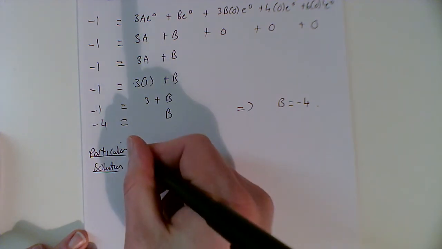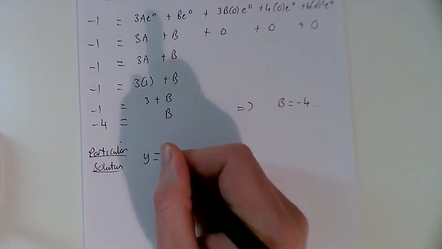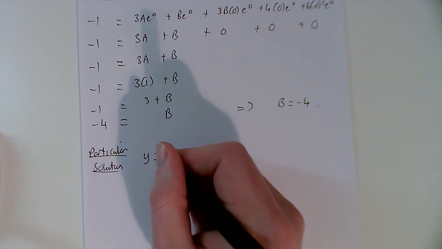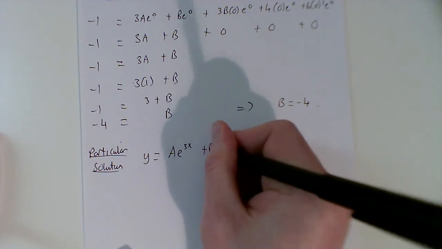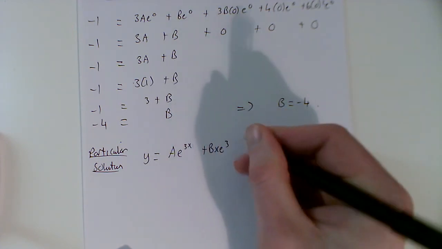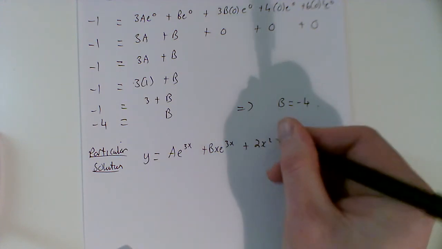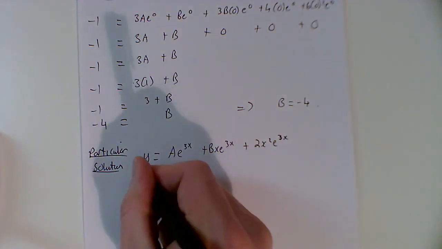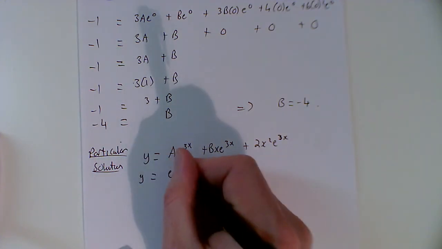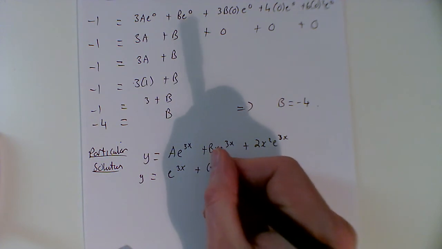Right, so our general solution was ae to the power of 3x plus bx e to the power of 3x plus 2x squared e to the power of 3x, but I've worked out that a is 1, that's just a 1 in there, and that b is -4.